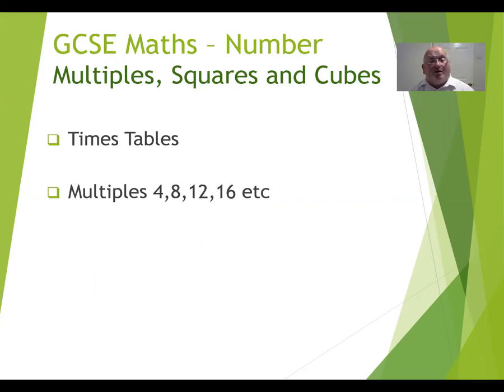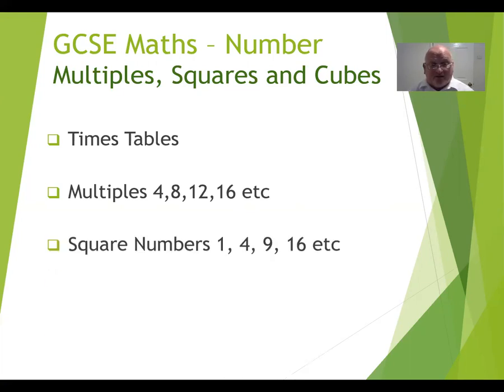Okay, so multiples of 4: 4, 8, 12, 16. We're just saying these are numbers which are multiples of 4. And there may be an exam question which gives you a list of numbers and asks you to pick out the multiples of 4. If you know your times tables, you'll be able to do that a little bit quicker. Okay, square numbers.